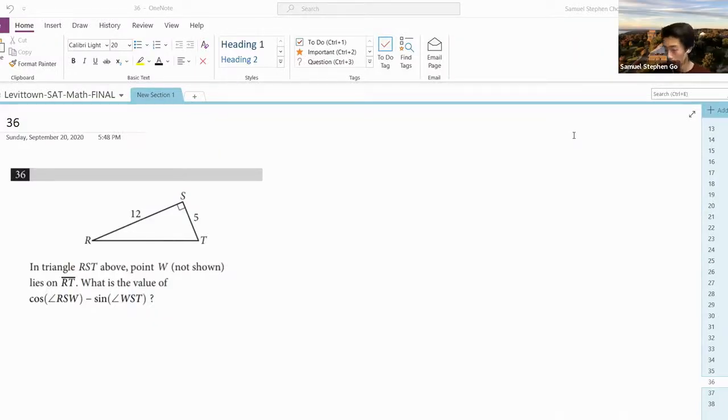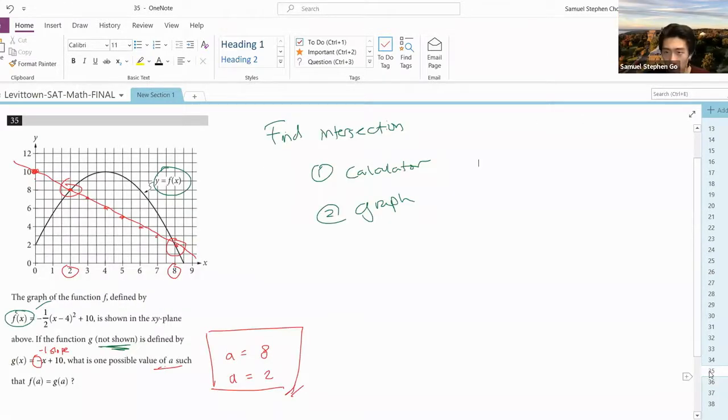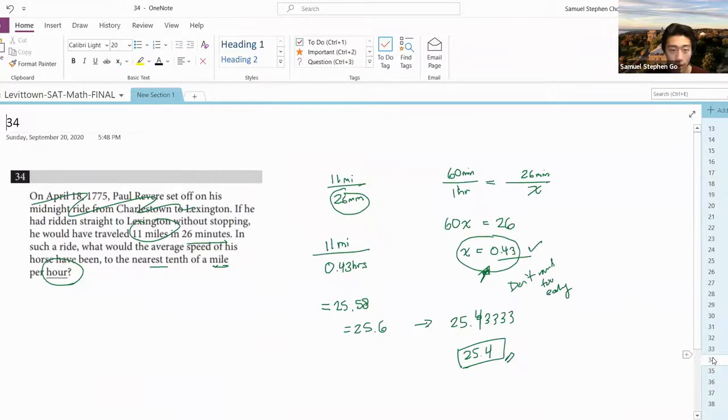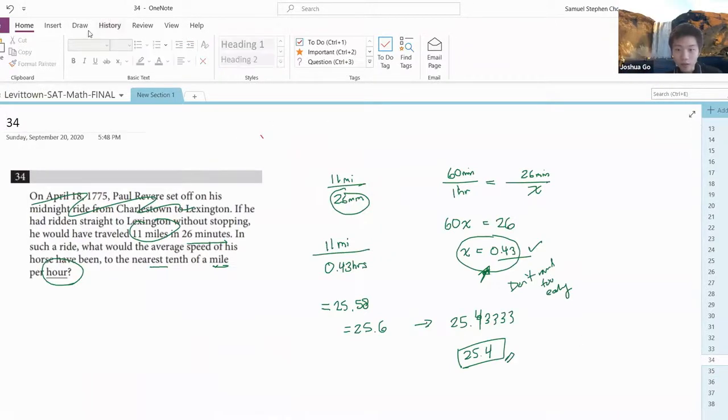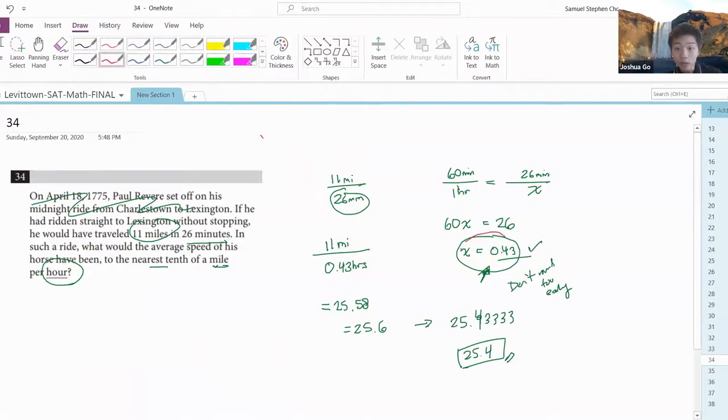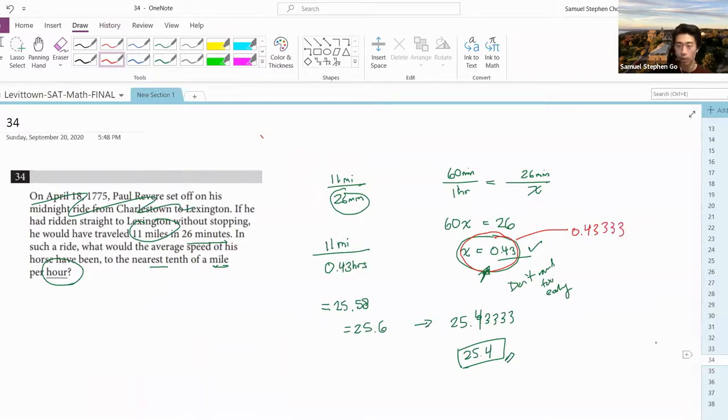Can you please go back to 34? I just want to clarify one more thing. 35, maybe you meant? 34. So the actual calculation was when we divided 26 by 60, that was 0.43333, continuing. Ah, okay, that's what I missed earlier. So it's just a correction to an earlier problem: don't round too early, use your calculator, and you will get this answer.